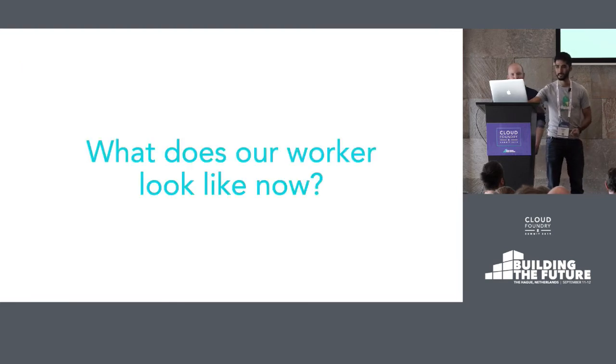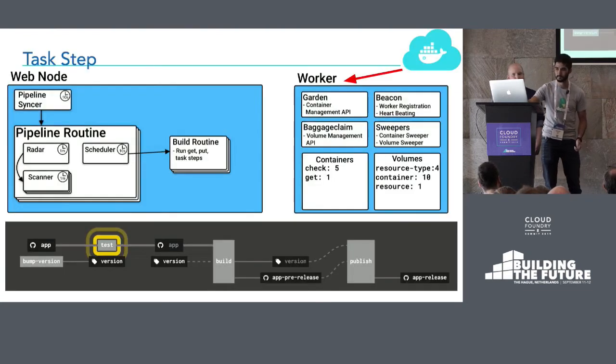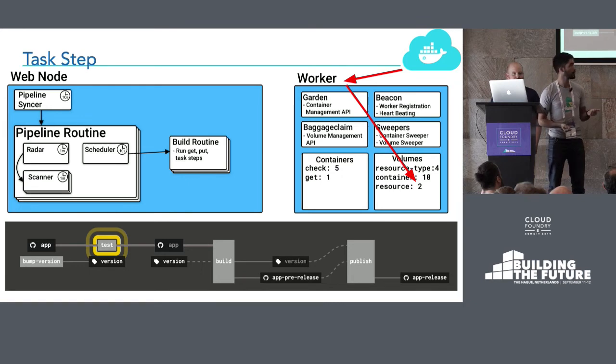All right, so what does our worker look like now after fetching that Docker image for this task? After downloading the image from Docker Hub, the worker will now have 2 resource volumes. It just made a second one based off of that Docker image. So Docker images just become resource volumes on your worker.